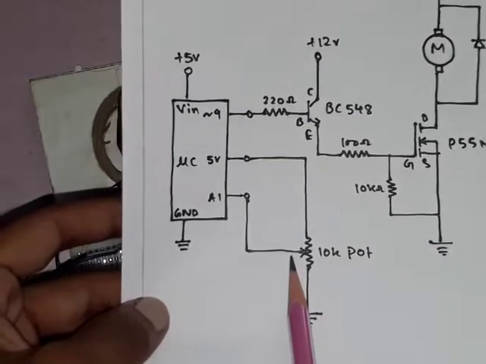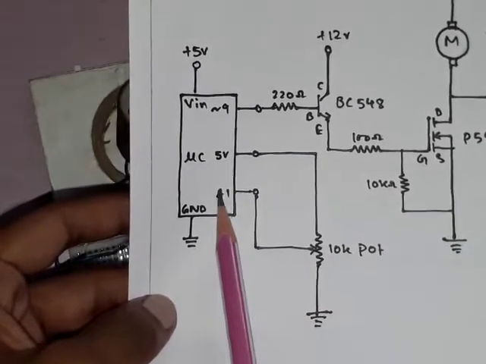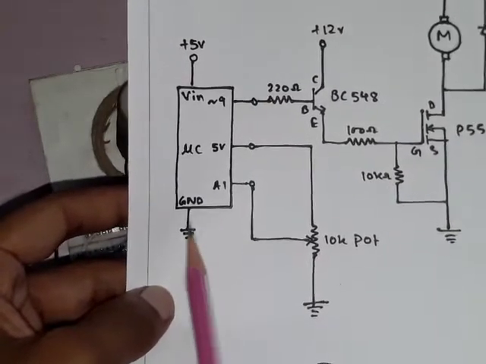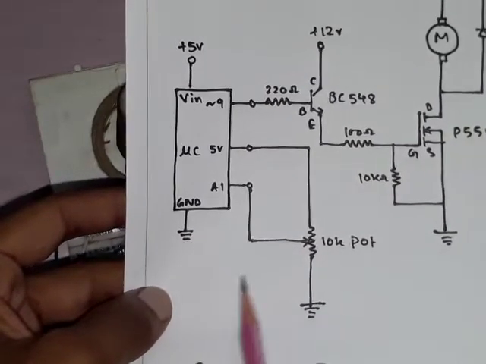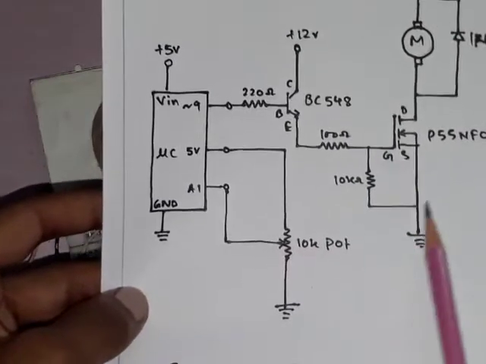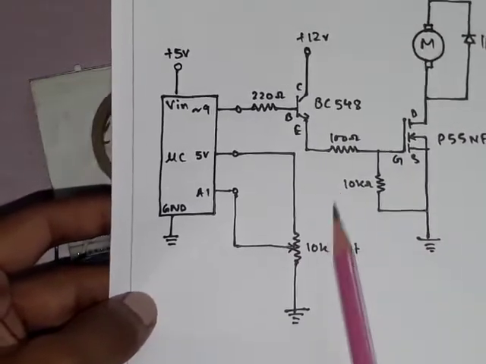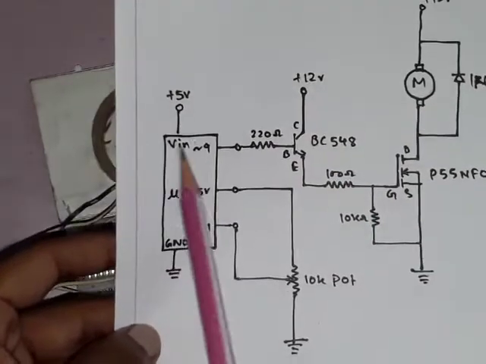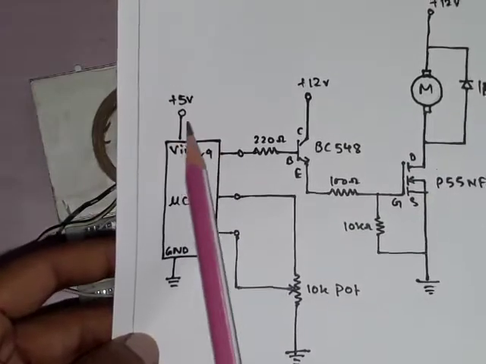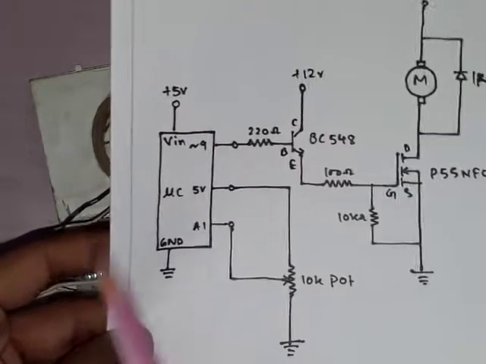The signal pin of the potentiometer is connected to analog pin 1 of the microcontroller, and the ground of the microcontroller is connected to the negative supply of the power supply, and the source also to the negative supply. And the Vin pin is connected to the 5 volt supply which is provided to the microcontroller.